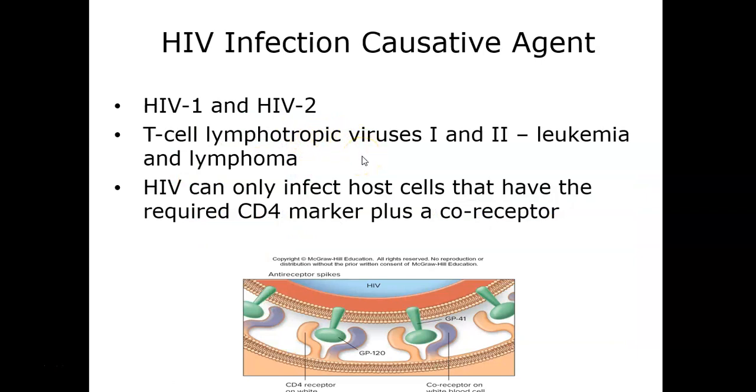There are two different forms of HIV. There's HIV-1 and HIV-2. We also have what's known as, and we'll get into in a little bit, HTLV. Sounds a little similar to HIV, but they're actually two separate things. HTLV-1 and HTLV-2 are T-cell lymphotropic viruses. They can cause leukemias and lymphomas.